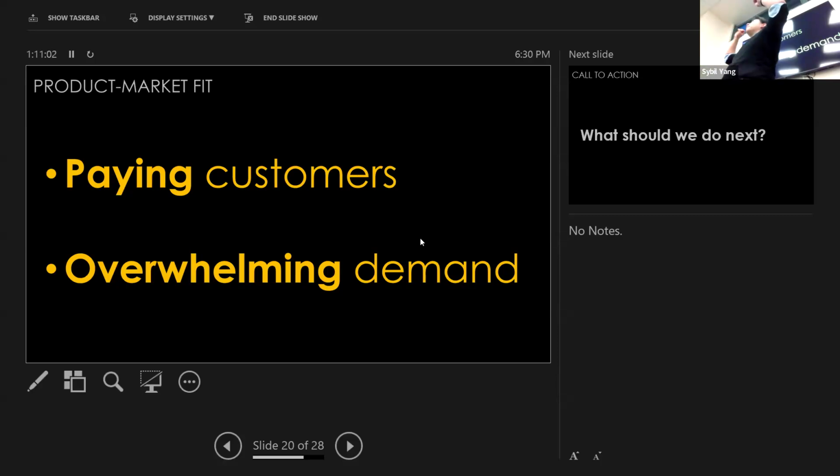That would be the best position to be in when you're pitching. When you've rolled it out to that minimally viable segment, everybody and their grandmother is coming and wants to sign on to your beta. Faced with this overwhelming demand, you need to hire more coders, you need to buy more server space, yada, yada, yada. You have no money to do it, and that's why I'm pitching to you guys for money. That's the instance that you want to be in.